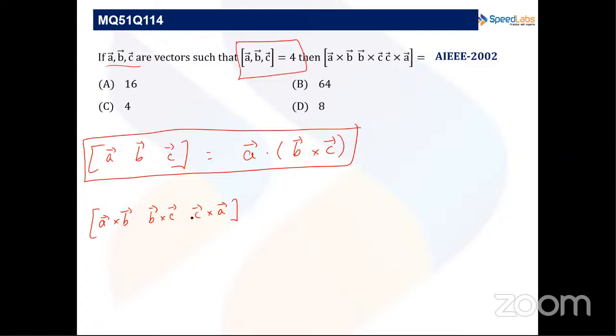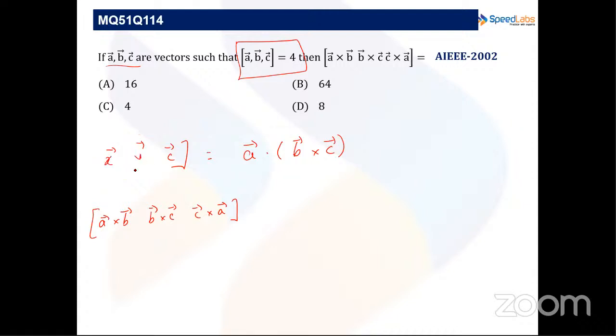Now what we can do here is we can write x, y and z here, so it would be easy to understand. In place of x we are having a cross b, so that will be a cross b dot product with y, which is b cross c, cross c cross a.